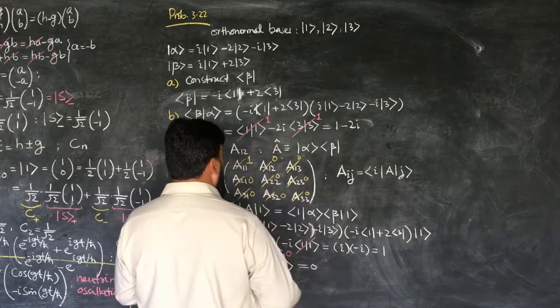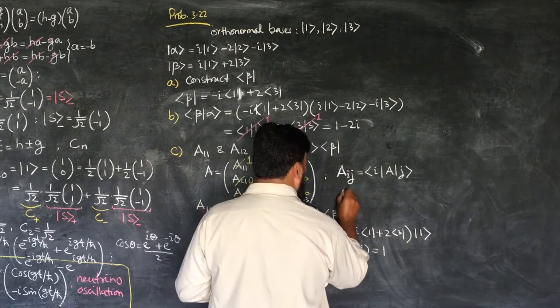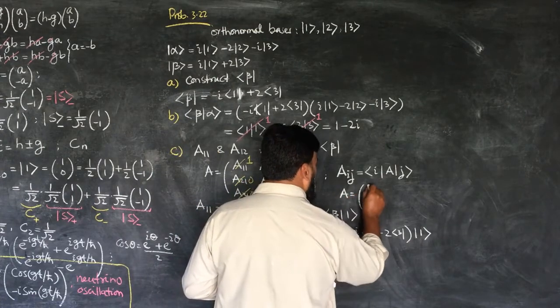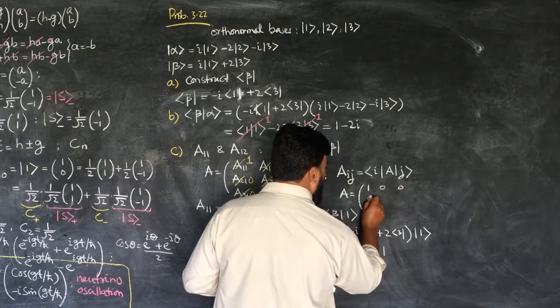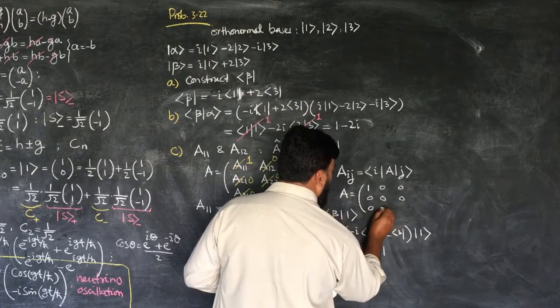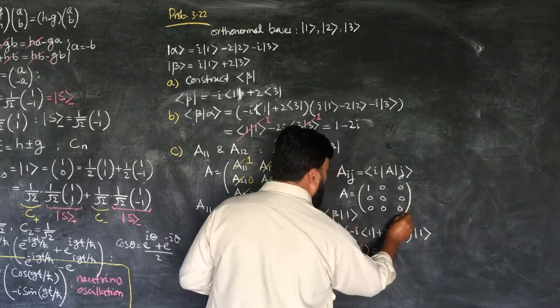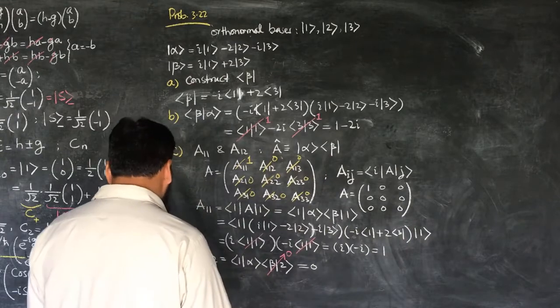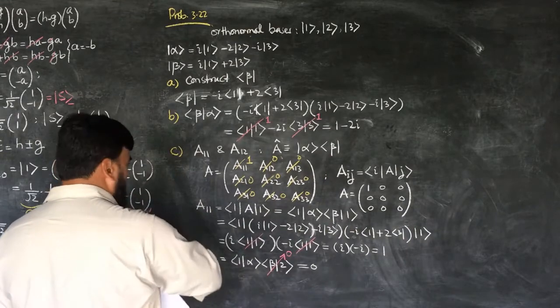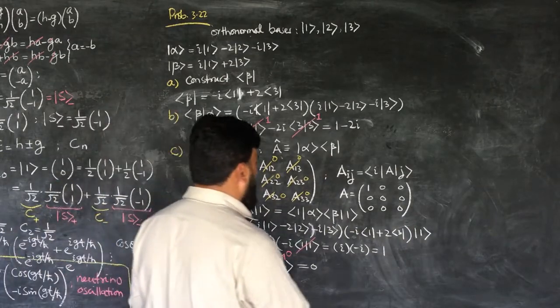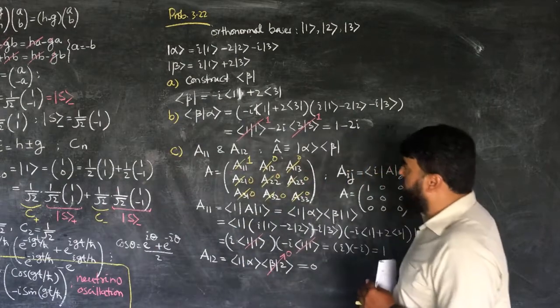So our matrix A is equal to 1 in the first position and 0 everywhere else. This is the required matrix which the problem is asking. Thank you.